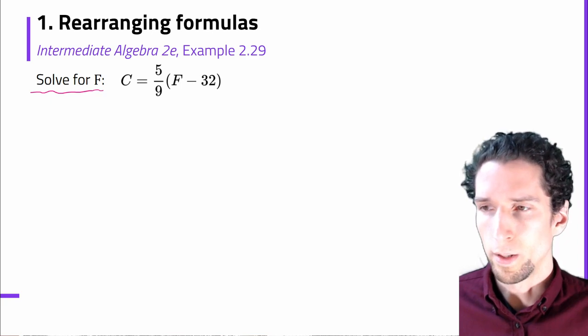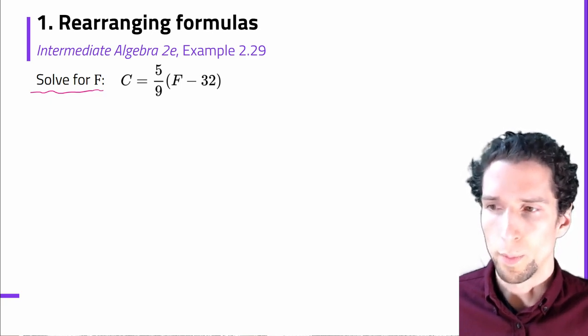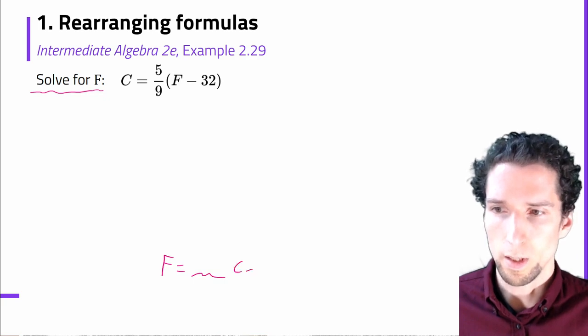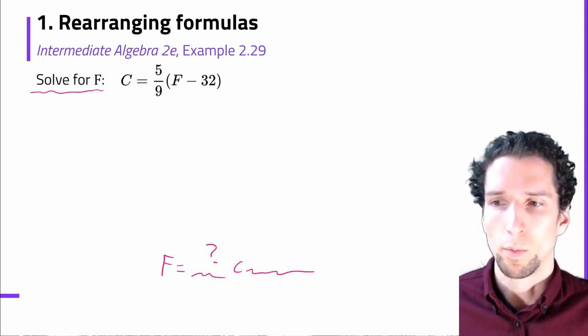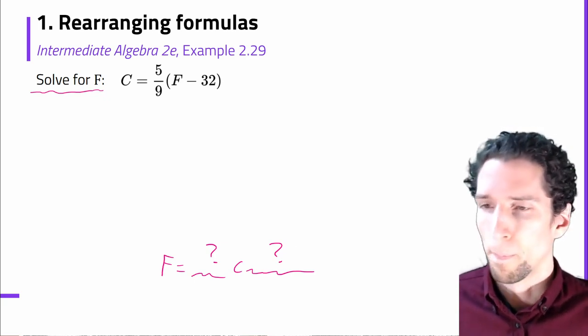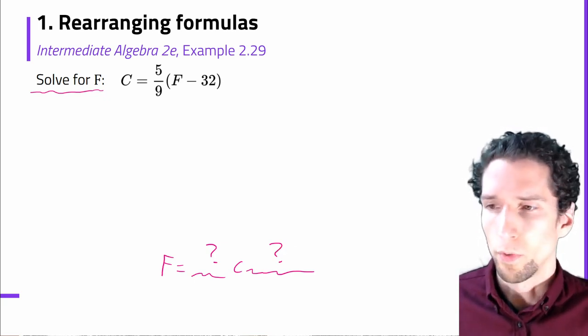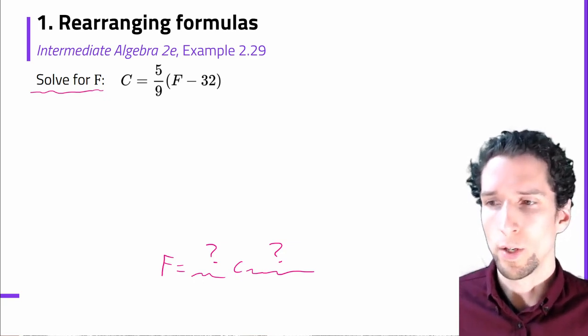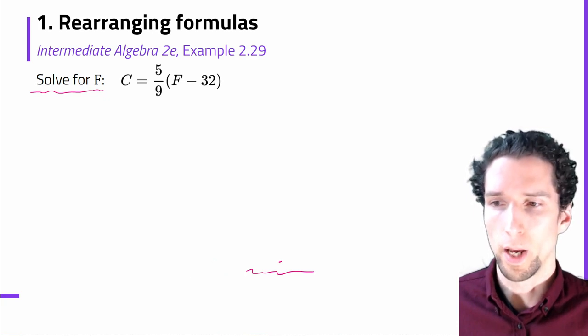So it will be in terms of C. Our solution will be F equals something, something, something, C something, something, something. What that is, we'll see. But for now, we just know that the goal is to have F on one side of the equation and everything else on the other side.